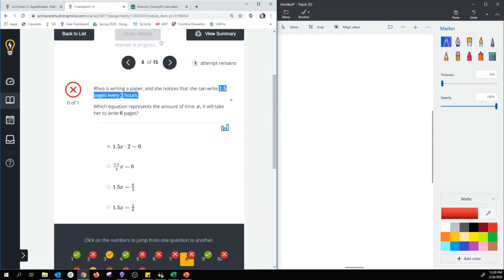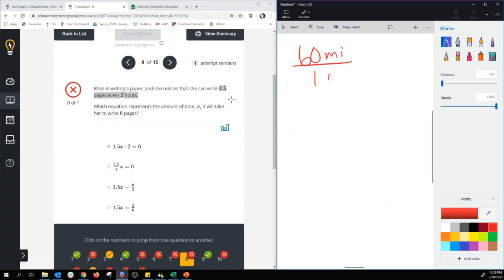Think about like if I drive 60 miles per hour, I would have 60 miles per 1 hour, right? So if she is writing 1.5 pages every 2 hours, what would my fraction look like? I would have what number over what number? 1.5 pages every 2 hours.